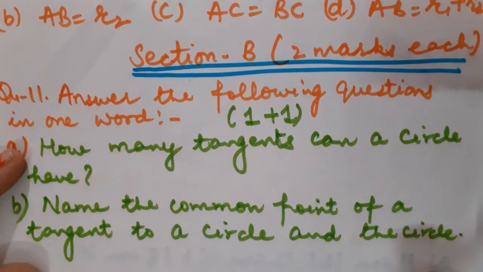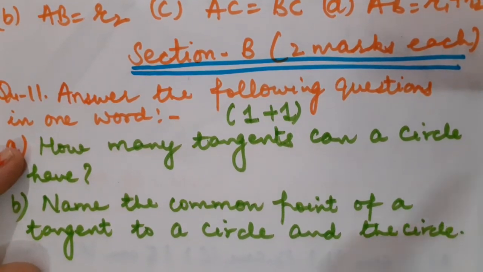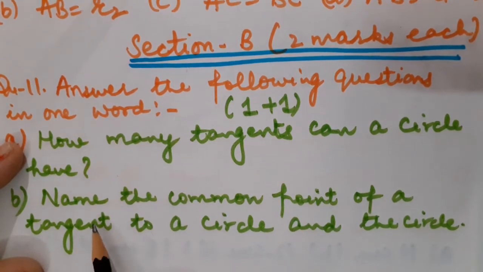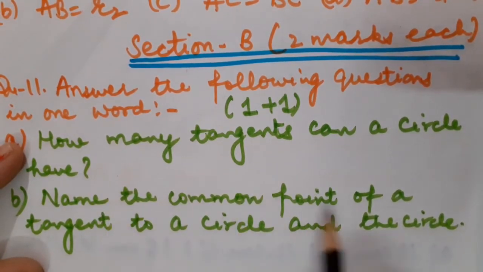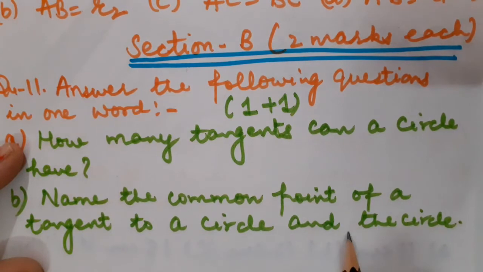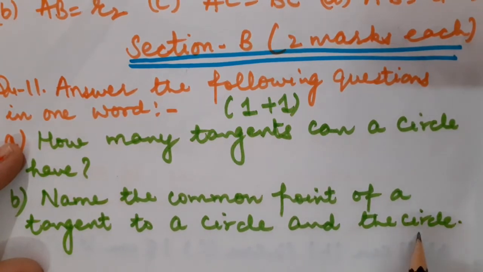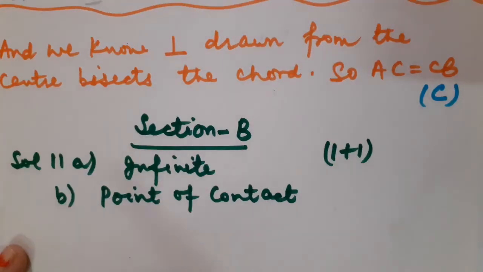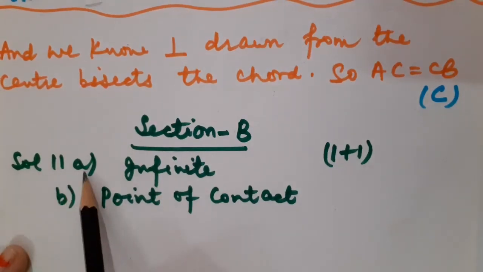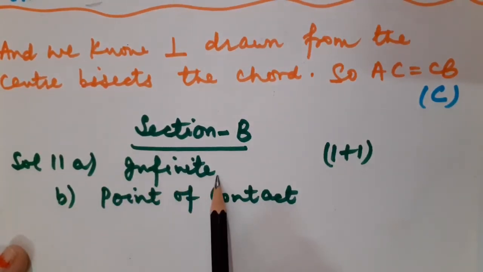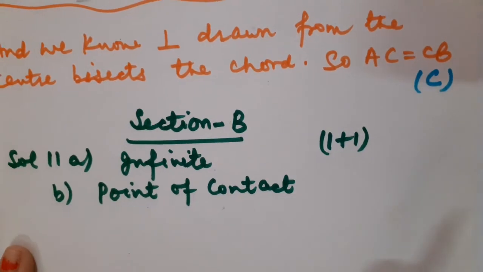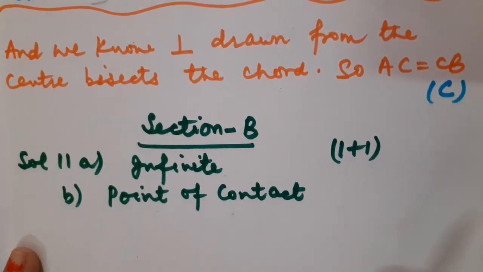Now next is, name the common point of a tangent to a circle and the circle. Of course, that point is known as the point of contact. So the answers are 11th A part, infinitely many tangents can be drawn, and B part, the point of contact is the common point of the tangent and the circle. Clear, children?